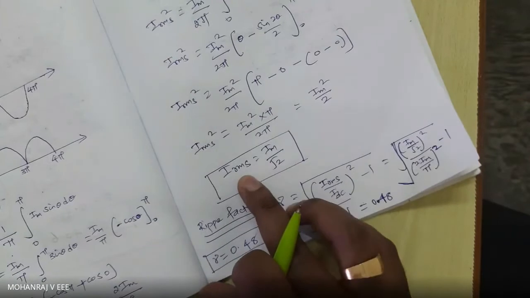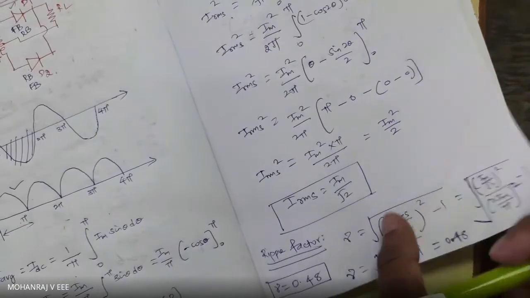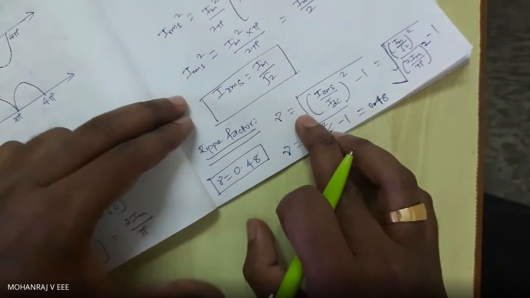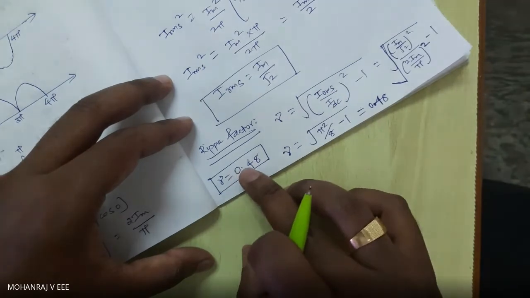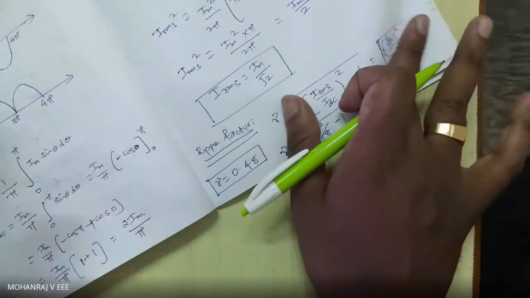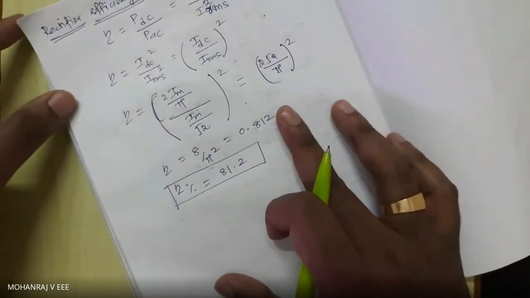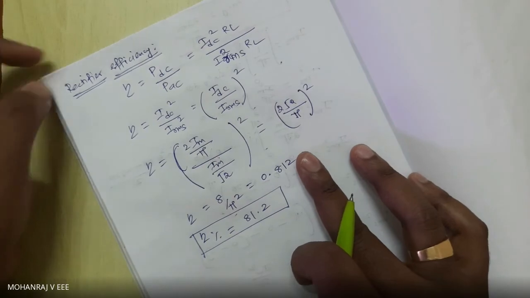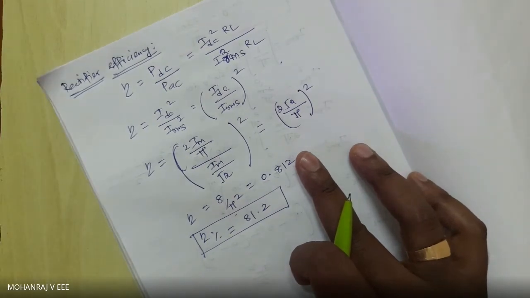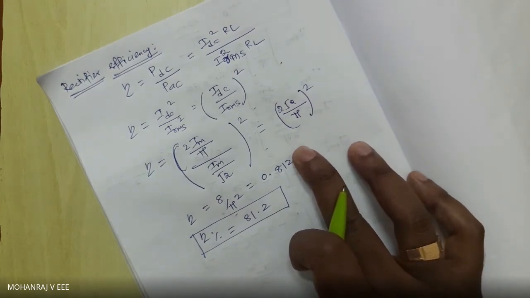Then we calculated IRMS, which is Im by root 2. Ripple factor, we know the formula. After substituting, we get ripple factor equal to 0.48. Then we found our rectifier efficiency to be 81.2 percent.